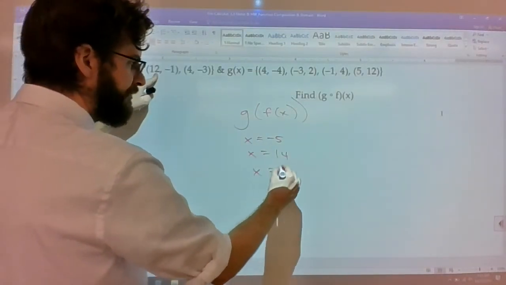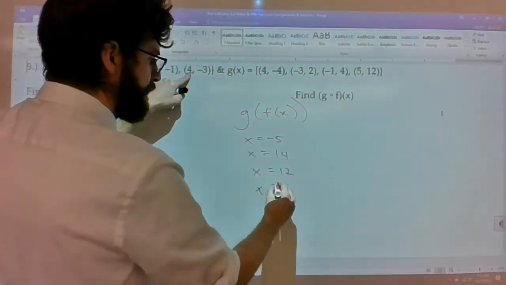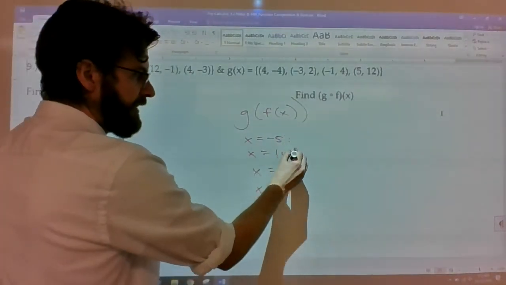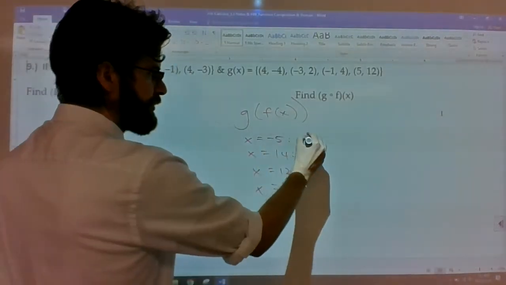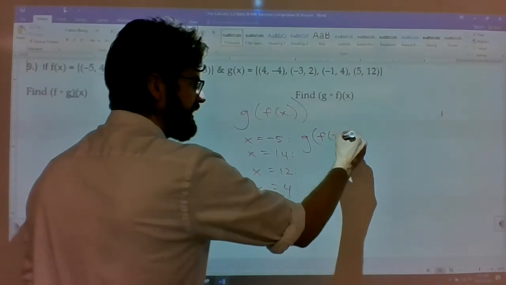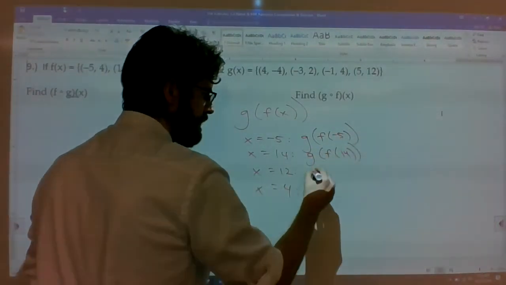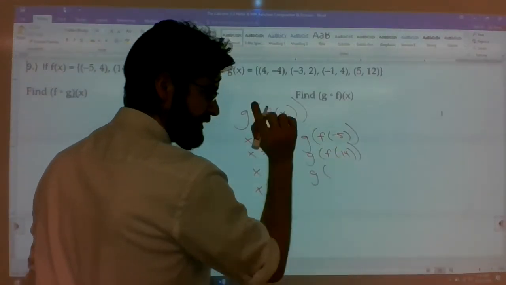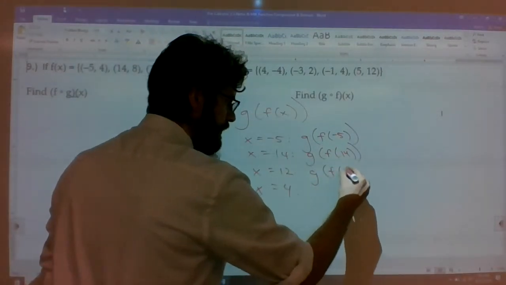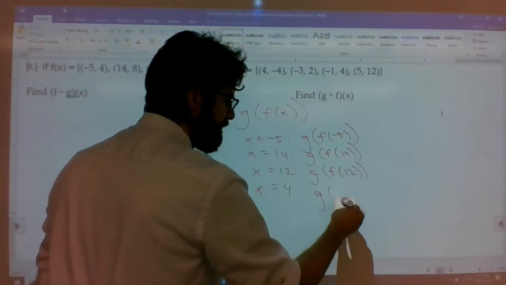X equals 12, and x equals 4. Okay, we are plugging that into here, so you're doing g of f of -5, g of f of 14. That's kind of an annoying voice, so I'm going to stop doing it. G of f of 12, and then g of f of 4.